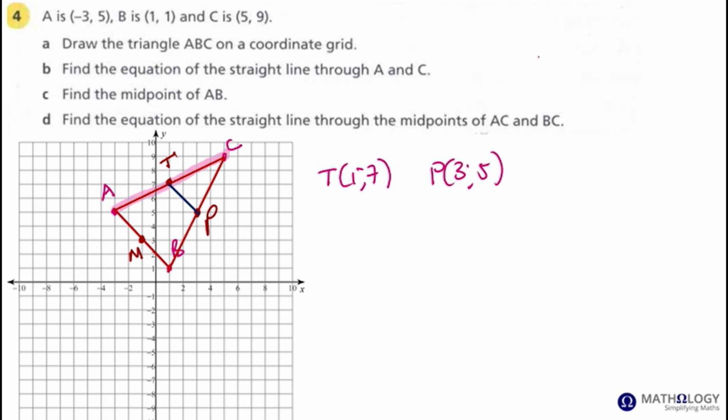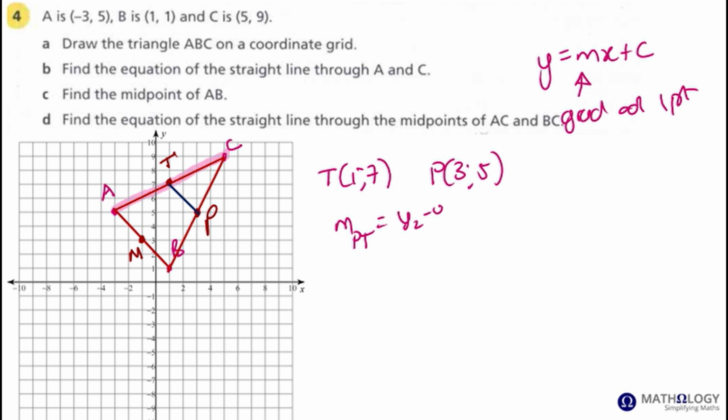Now to find the equation of a line, y equals mx plus c, we need to know the gradient and one point that lies on the line. We've got 2 points, so we can use either point. To find the gradient of PT, we use m equals y2 minus y1 over x2 minus x1. That'll be 5 minus 7 over 3 minus 1. So it's going to be minus 2 over 2. The gradient of PT equals minus 1.